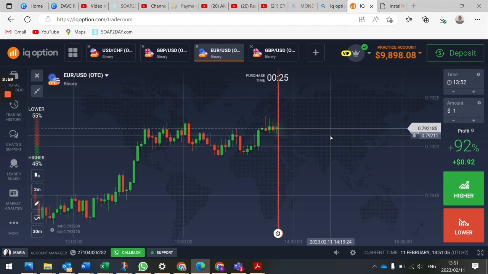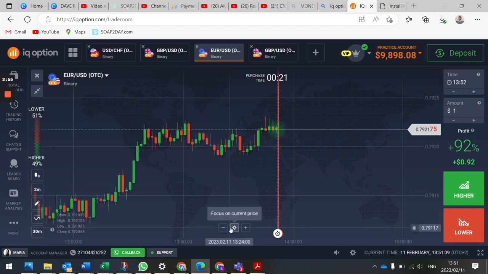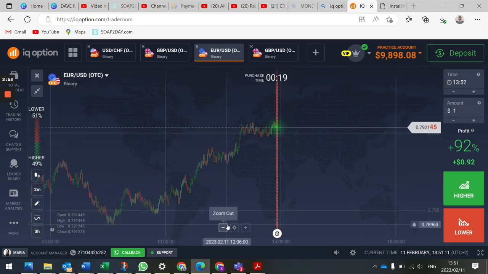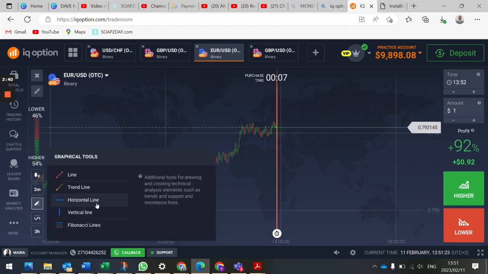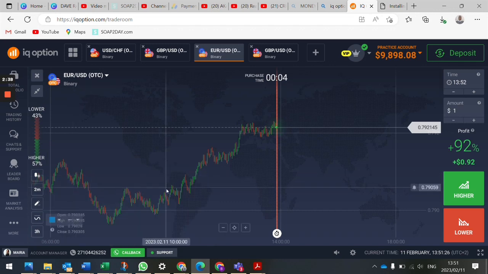So what we have here is the Euro USD currency, and we'll be zooming out. We won't be using a lot of crazy things. It's just a simple technical analysis trading method that I'll be teaching you right now. We will be using a tool which is the simple line.